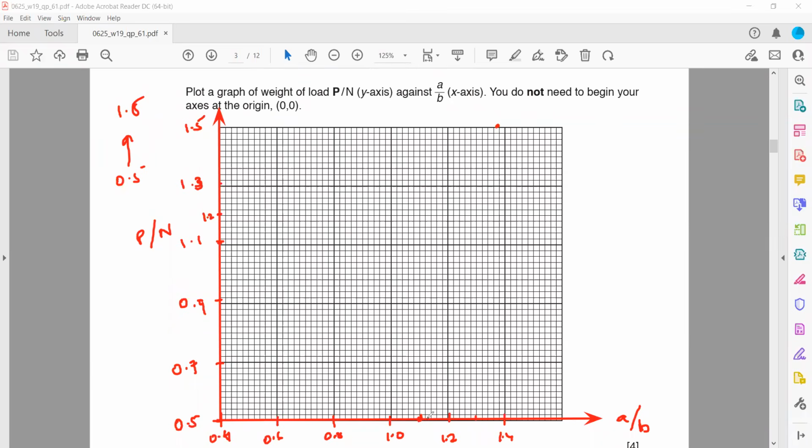The first box is 1.12 and the second box is 1.14. So this is the second point.